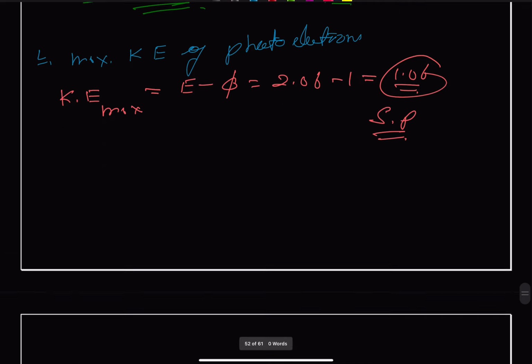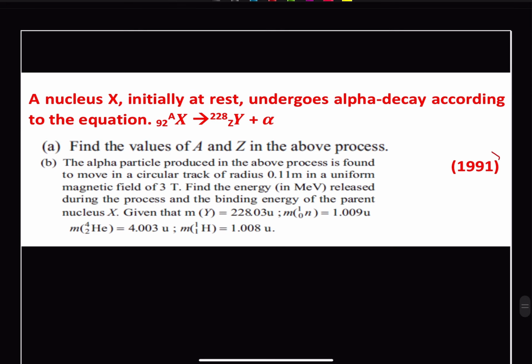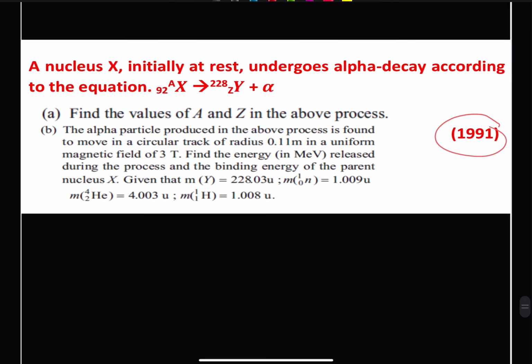Next question. It was asked in the year 1991, and it states that a nucleus X initially at rest undergoes alpha decay according to the equation 92AX gives us ZY228 plus alpha. Based on this we have two questions. Find the value of A and Z in the process.